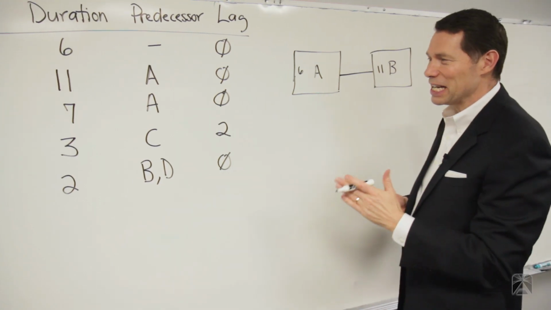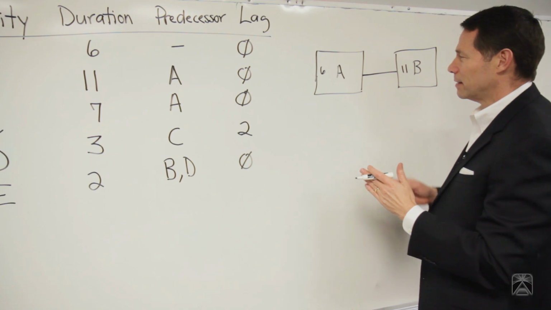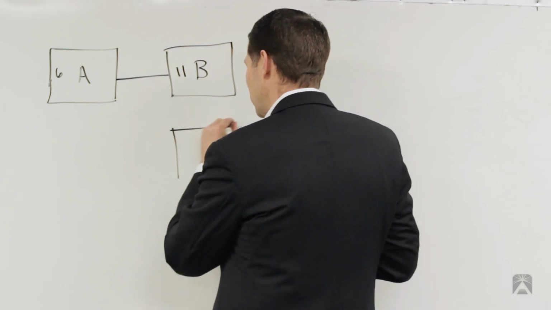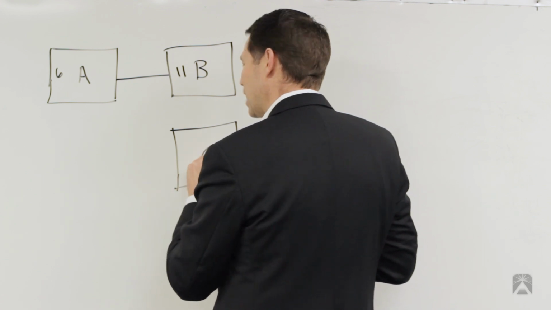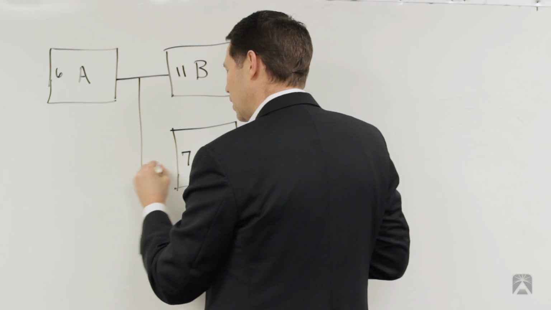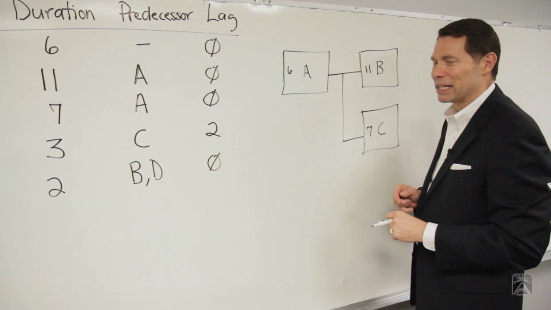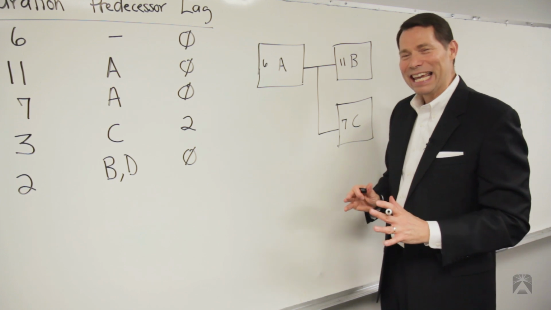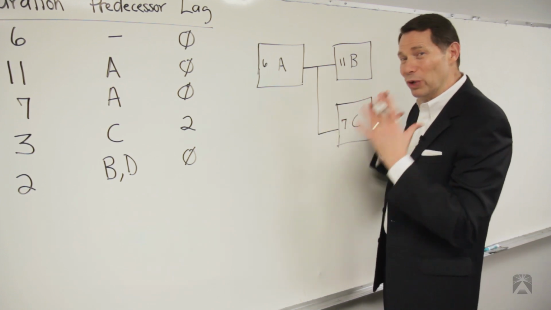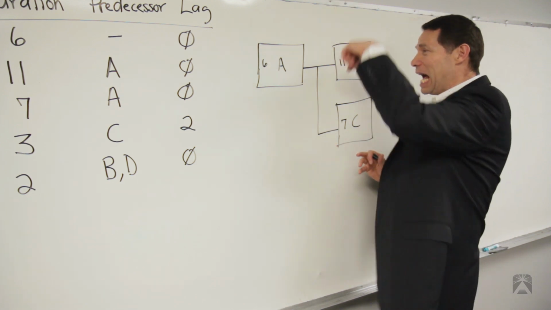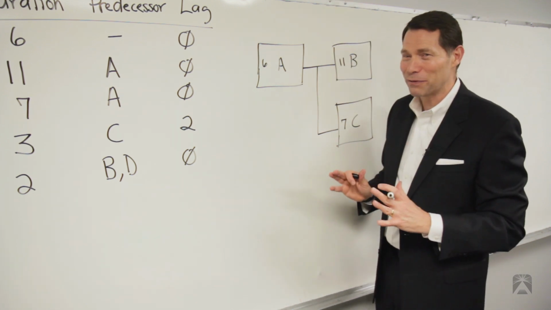Then C, the predecessor is A. It's not after B, so I put C down here, with a duration of 7, straight line, right angle. You might think I'm being picky about the whole straight line, right angle, but here's the deal. If you can draw a reasonably straightforward network diagram, these questions are a lot easier. If you've got lines going all over the place, it's a lot more difficult later on.